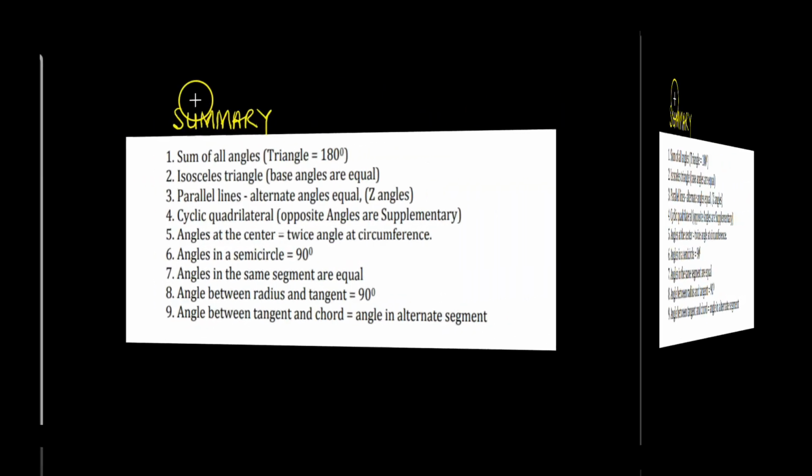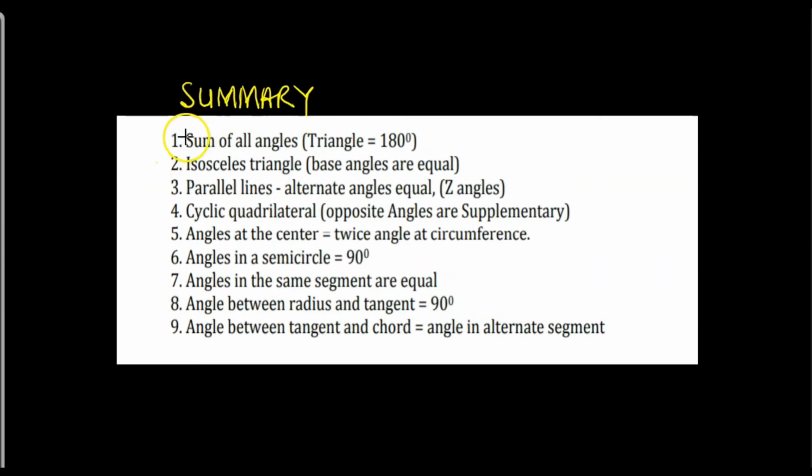So in a nutshell, these are the major angular properties you need to know very, very well when it comes to the circle theorems. To go through fast with you, we have the sum of all angles in a triangle equal to 180. It's something you shouldn't forget.